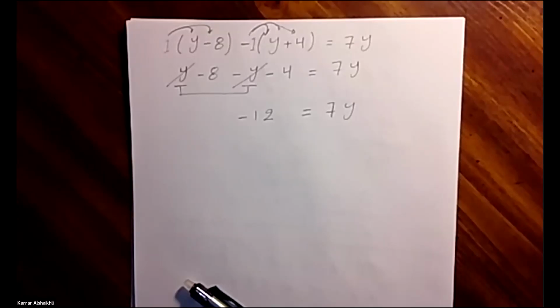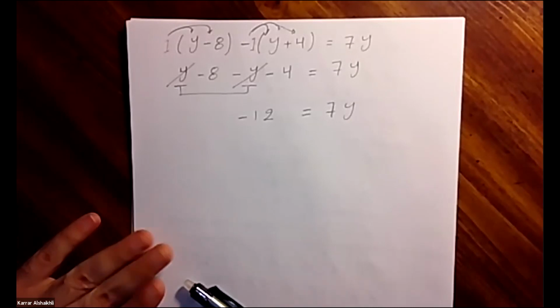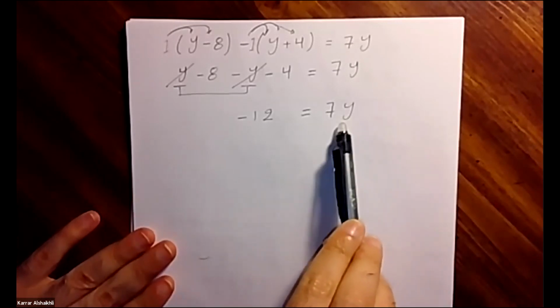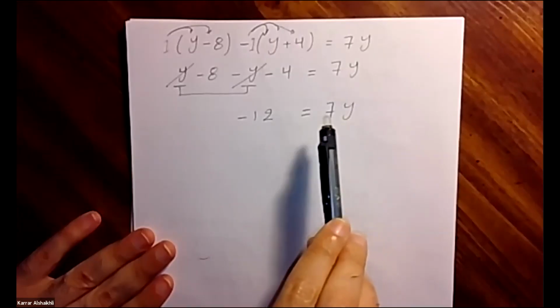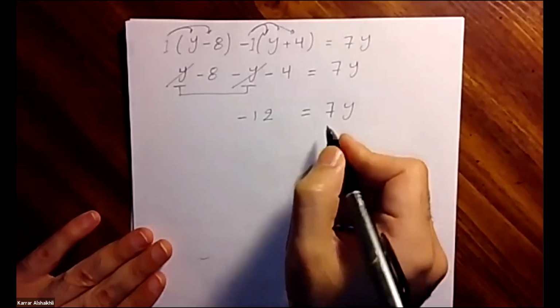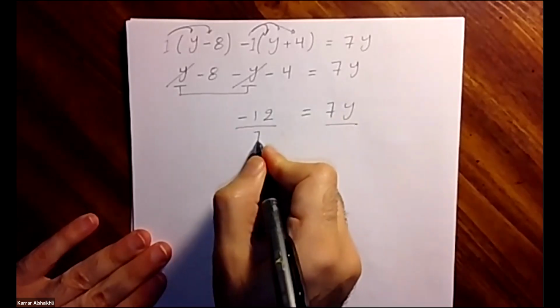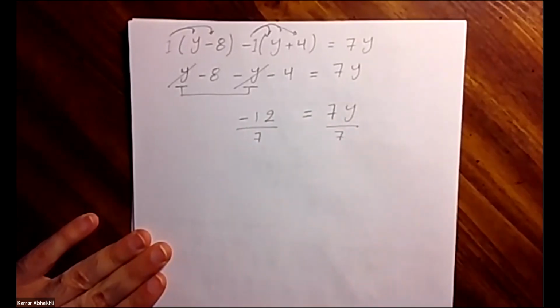Okay, so I'm going to put a star on 3 names. That's good. So always you're going to divide both sides by the number beside the variable, not by this side. You see, what's the number beside the variable? 7. So I'm going to divide both sides by 7.